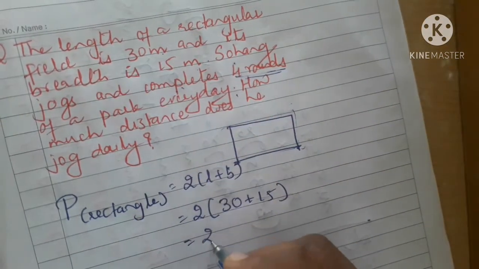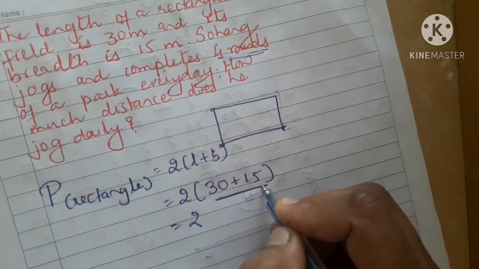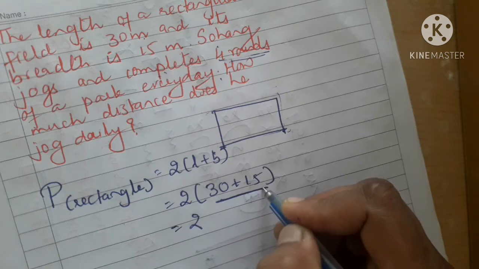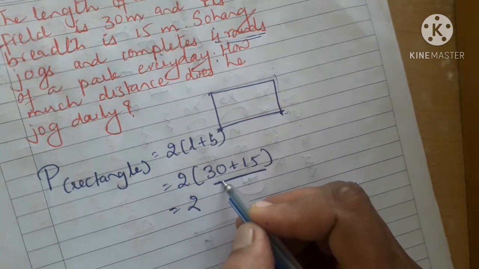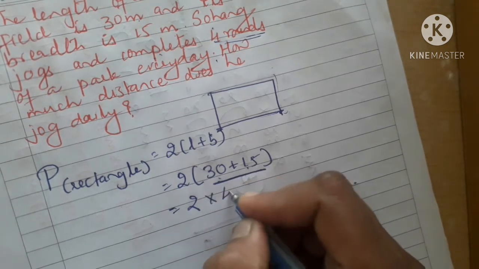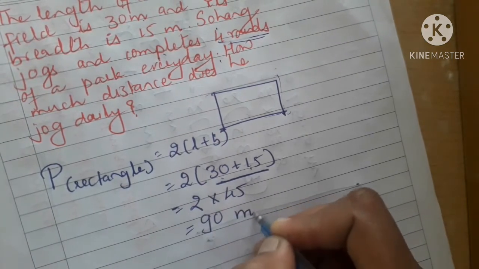So now, as I said, bracket terms are to be simplified first. BODMAS rule you might be knowing. So B stands for bracket. So bracket terms need to be simplified first. So 30 plus 15 comes to 45. So 45 into 2, that comes to 90 meter.